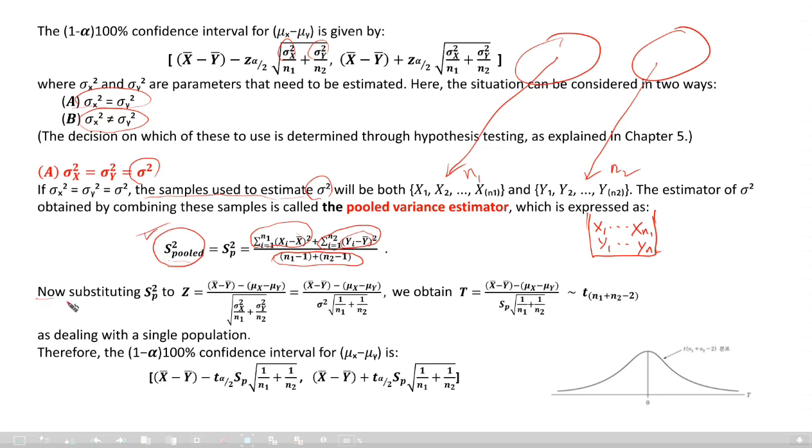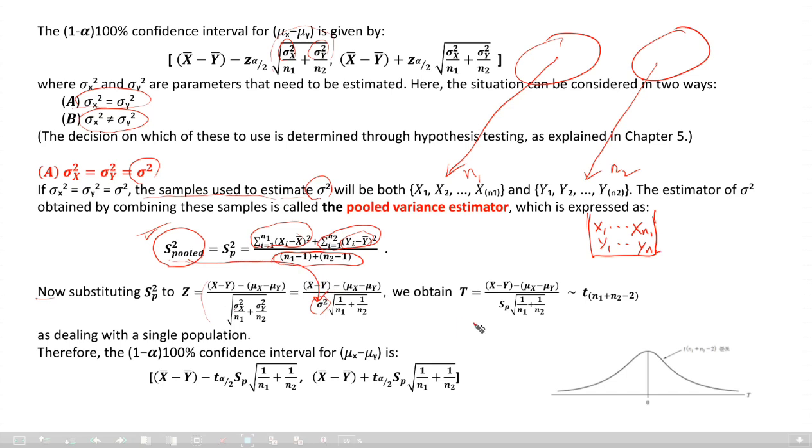Anyway, now substituting Sp square into g, where is g? Over there. g is x bar minus y bar minus (mu x minus mu y) divided by the square root of sigma x square over n1 plus sigma y square over n2. This is g. Since those two variances are equal, sigma square, this comes to here, and we use the pooled variance estimator instead of sigma square.